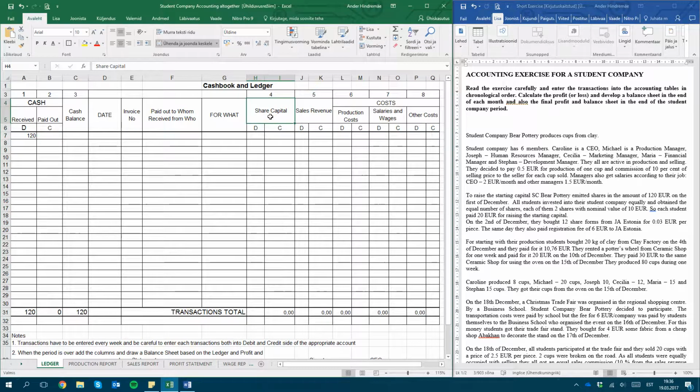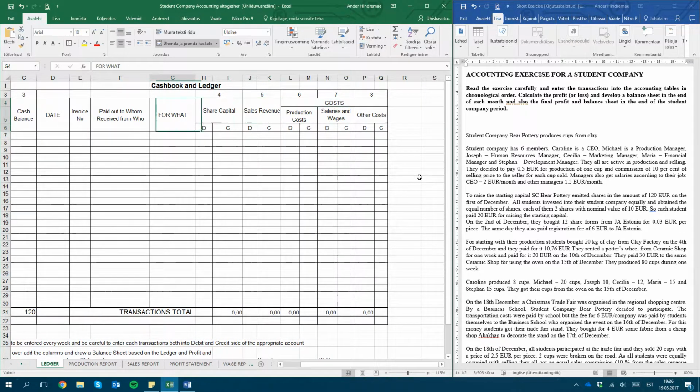And here we have a few more accounts. So this is the cash account over here. Here we have the share capital account, then we have the sales revenue account, and also some cost accounts. What is important to keep in mind is that these are made specially for this kind of company. So these accounts you're allowed to change. Everyone has to have a share capital account, obviously, and possibly sales revenue, but other things you can adjust according to your company.